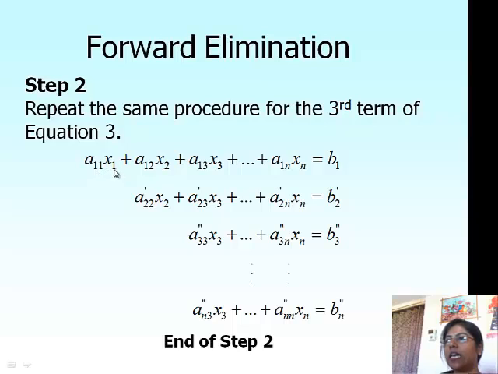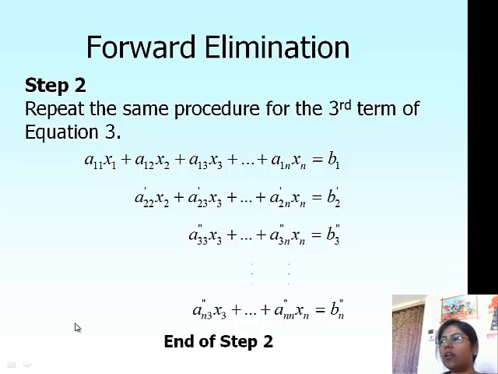Here you can see a11 x1 plus a12 x2 plus a13 x3 plus up till a1n xn equals b1, a22 dash x2 plus a23 dash x3 plus up till a2n dash xn equals b2 dash, a33 double dash x3 plus up till a3n double dash xn equals b3 double dash, and finally for n steps we have an3 double dash x3 plus ann double dash xn equals bn double dash. You can see that we have actually got some blank space here.